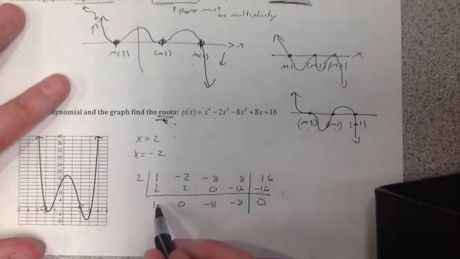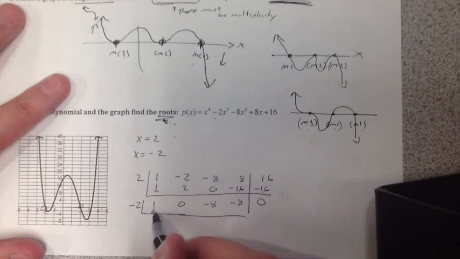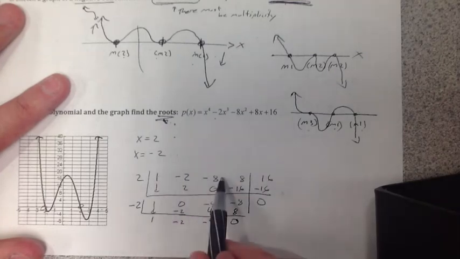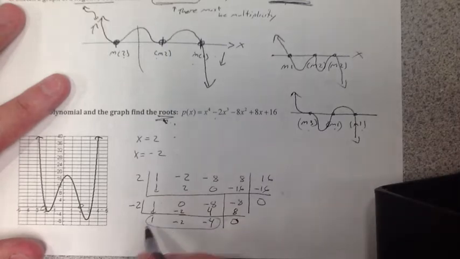Now, this is now a cubic. But watch what happens. I divide it again by my other root. 1, -2, -2, 4 gives me -4, 8, which gives me 0. So I went from a quartic to a cubic, and now what we have is a quadratic.